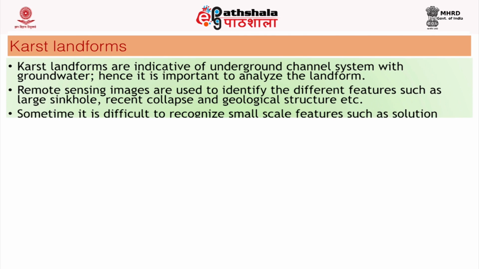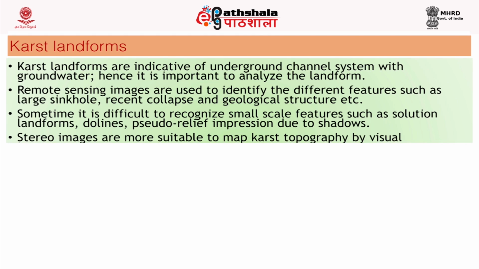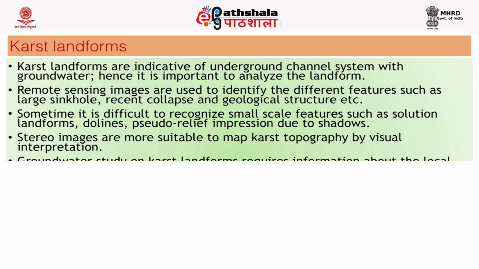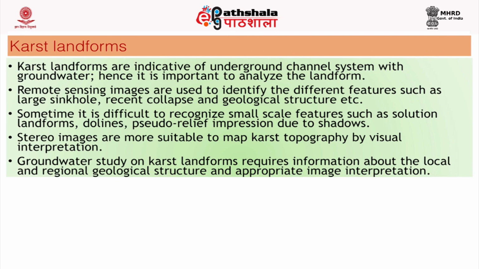So, remote sensing images are used to identify different features such as large sinkholes, recent collapse, geological structure, etc. Sometimes it is difficult to recognize small scale features such as solution landforms, dolines, and pseudo relief impressions due to shadow. Here, stereo images are more suitable to map karst topography by visual interpretation.